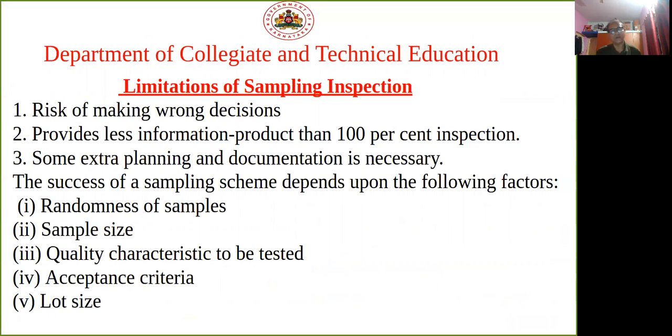To get success in acceptance sampling, there are a few points we need to remember: the randomness of the sample, the sample size, the quality characteristics to be tested, the acceptance criteria or acceptance number, and the lot size.